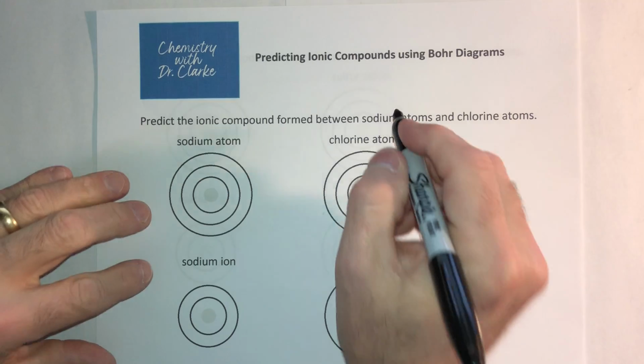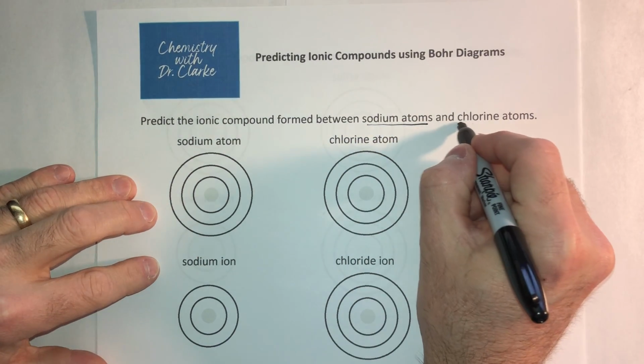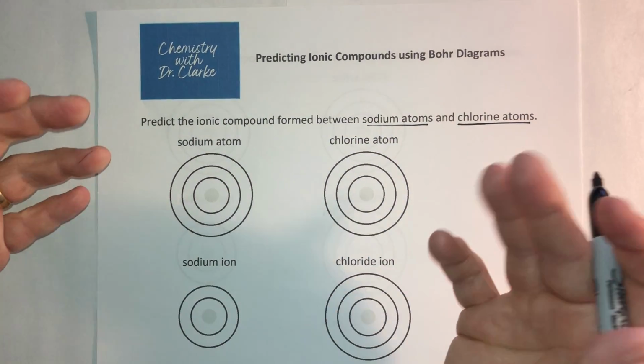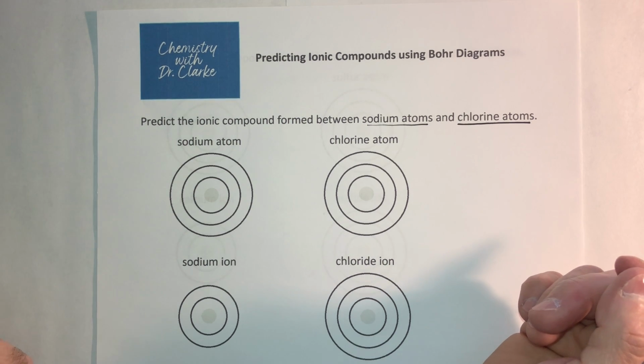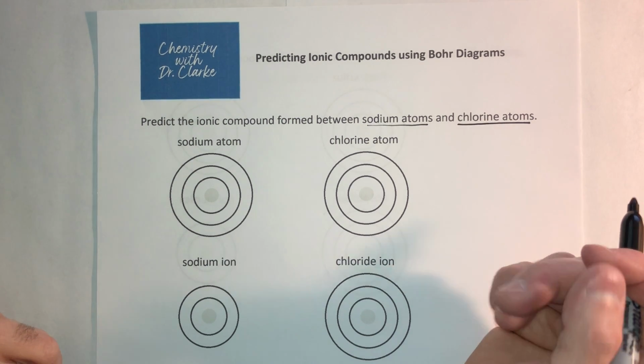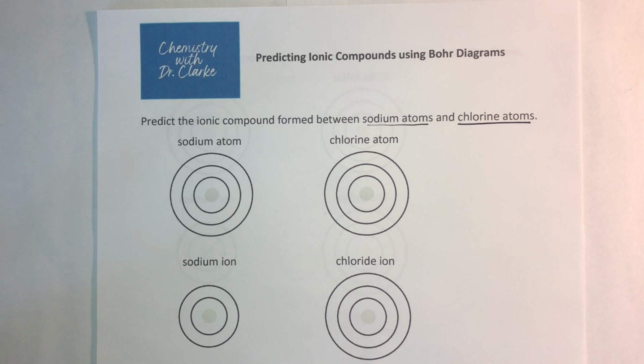If I have some sodium atoms and some chlorine atoms, I would like to predict the ionic formula that I'm going to get. So what I'm going to do is draw the Bohr diagrams. This will require a periodic table, so you will have to pull one out.